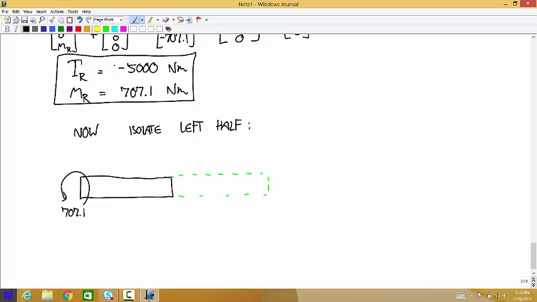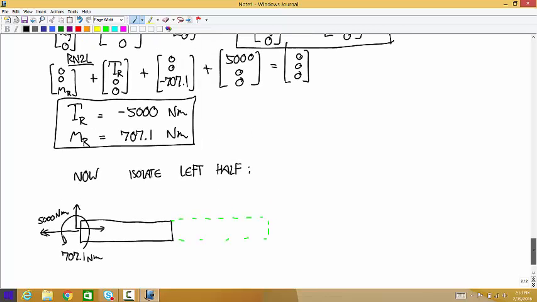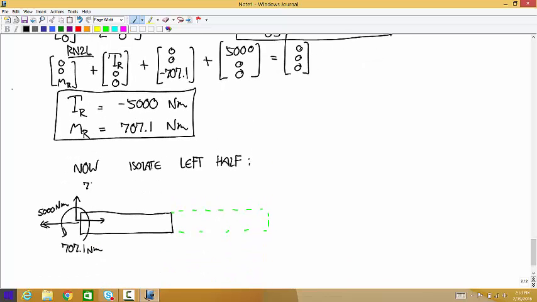We have a couple in the negative x direction of 5,000. I'm going to write that this way. This computer doesn't like when I write close to the edges. Okay, and then we had a force vector of positive 707.1, positive 707.1.